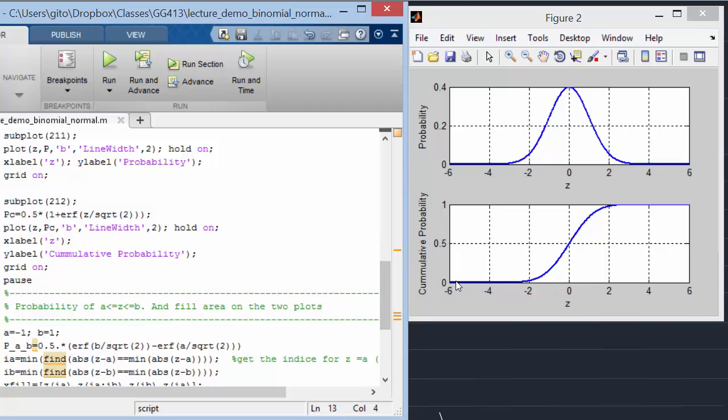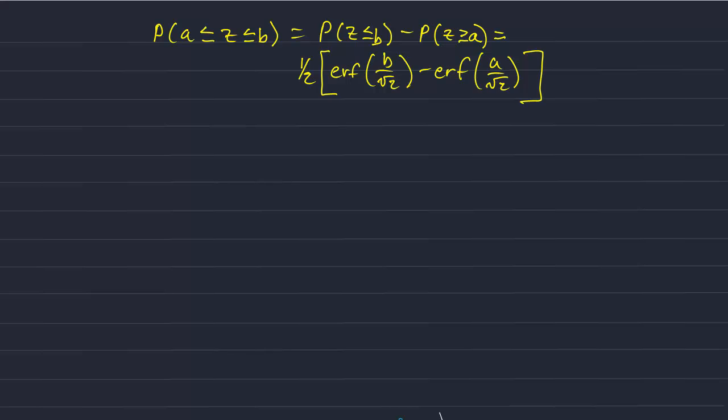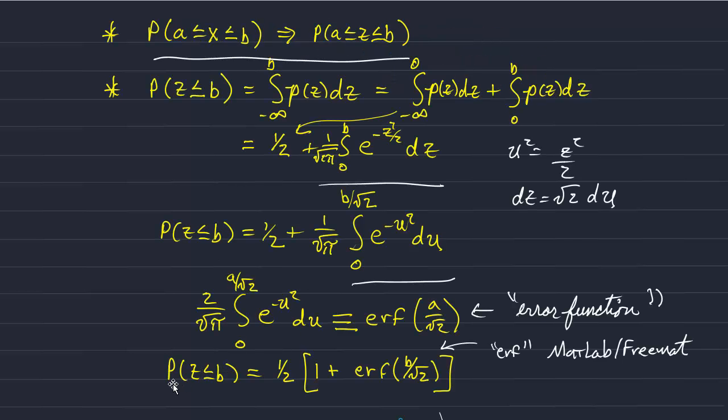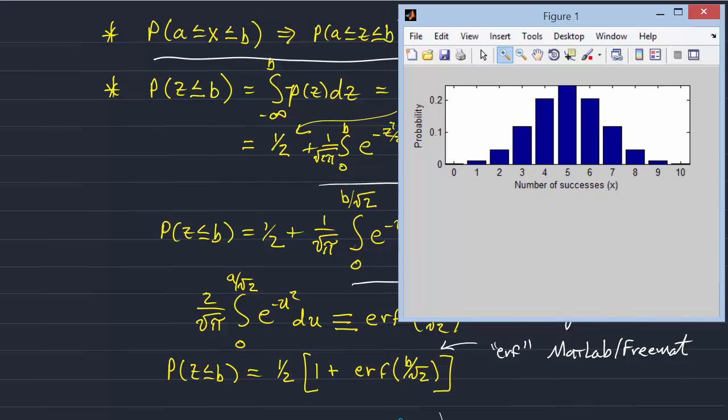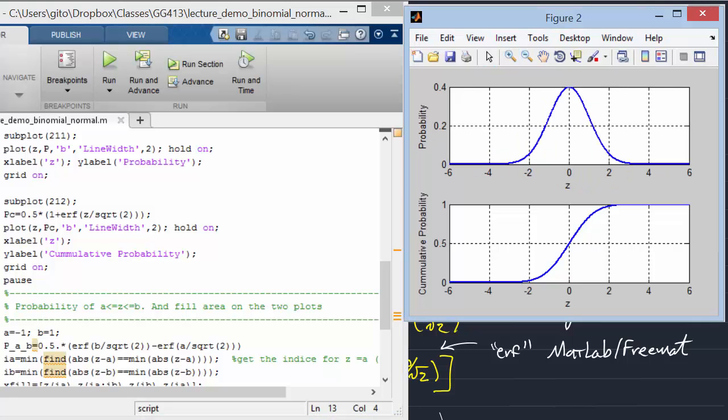And this is the cumulative probability distribution. That would be the probability of z being less than or equal to b, and b is varying in that plot. So what that's representing is the area under the probability density function. As we start from z being -6 to -4, etc., the area is very small.